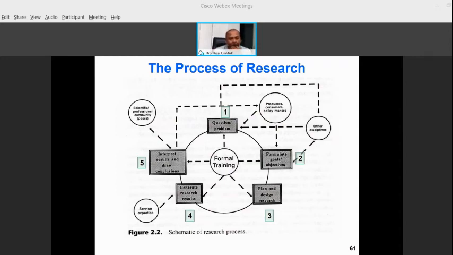But I want to again differentiate between decision making and decision taking. In the thinking approach, there's a slight difference between decision making and decision taking. Decision making is the process of generating as many potential solutions as possible.